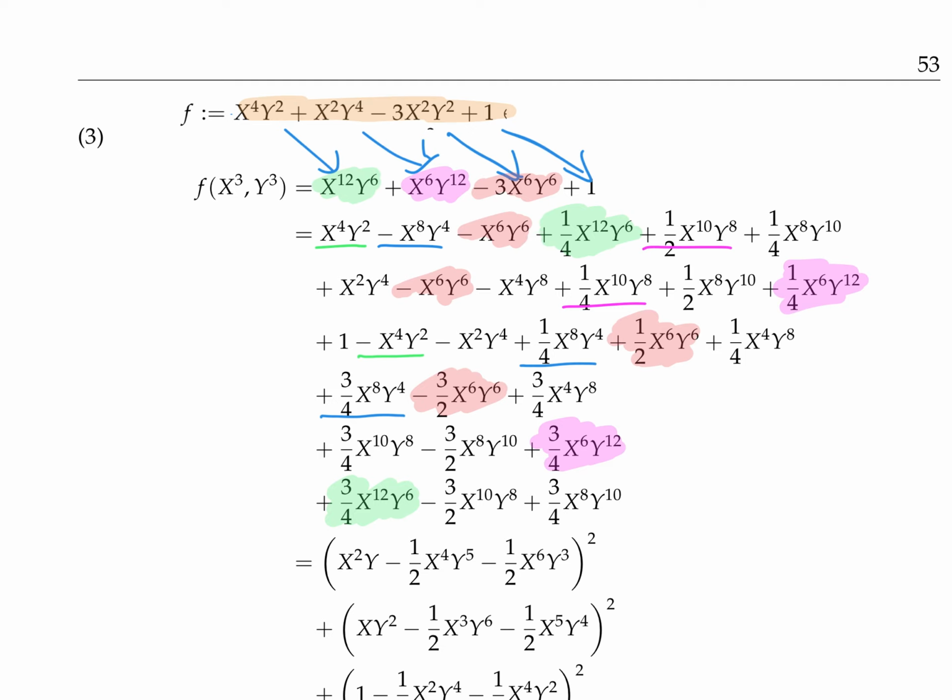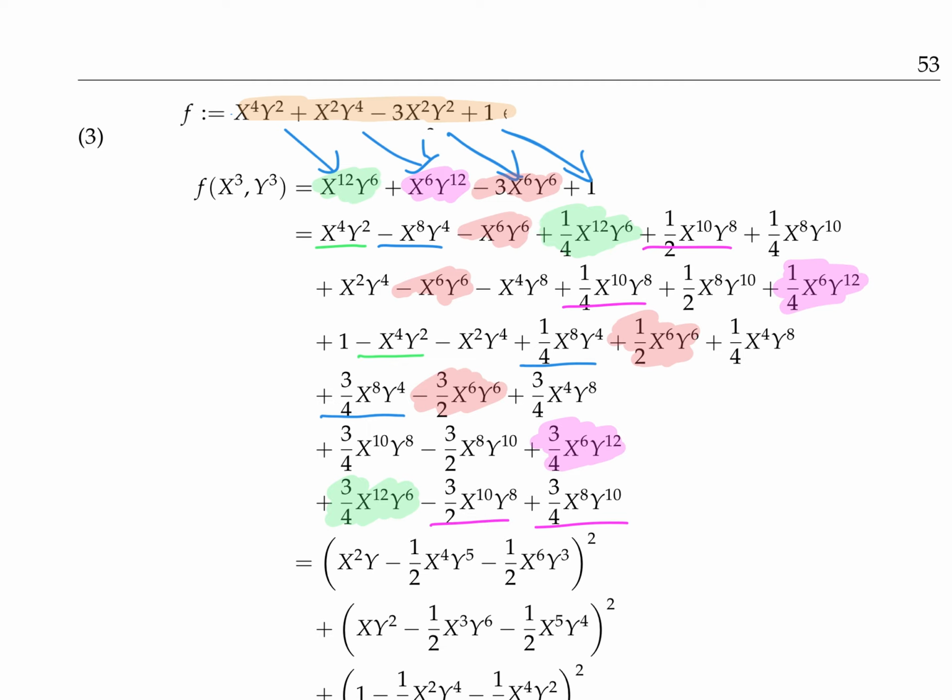And then here minus 3/2 plus 3/4. Yes, and that's okay.